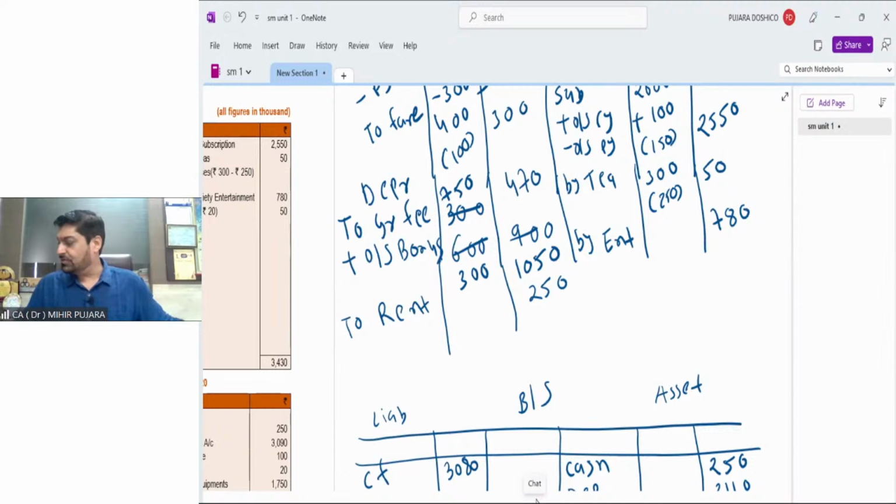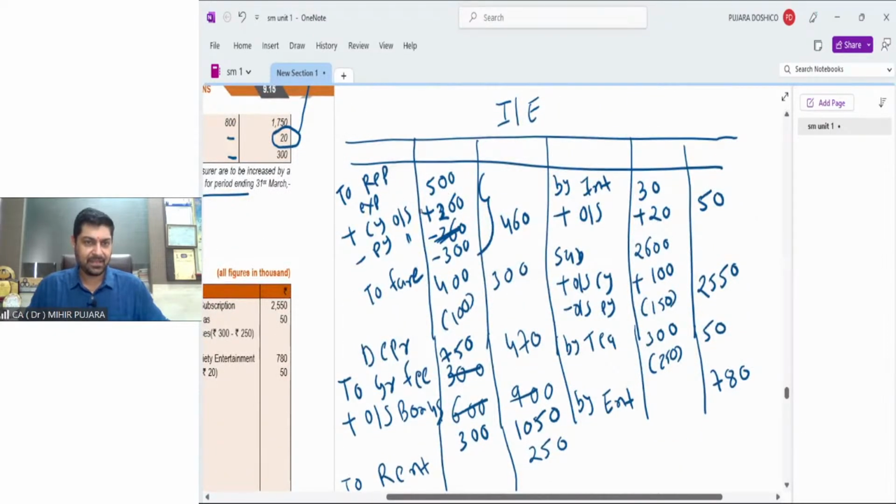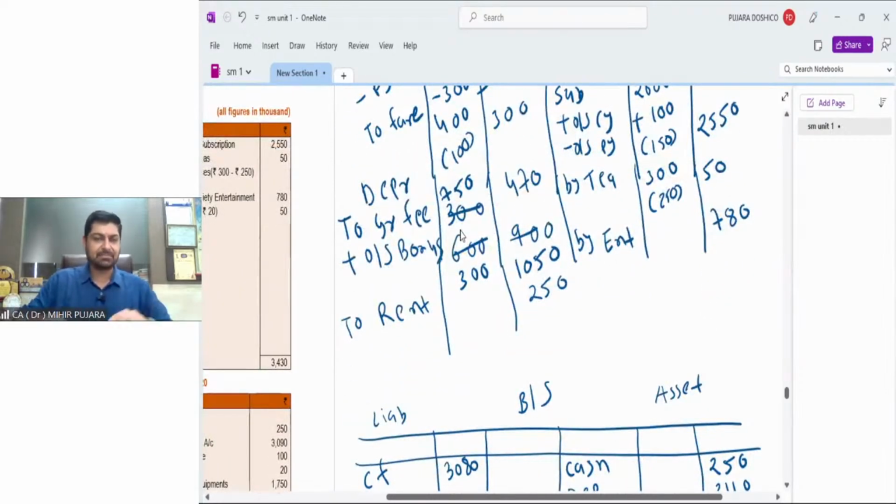Cost of teas we have taken, fare we have taken, printing is pending. Repairs we have done here. Printing is pending.